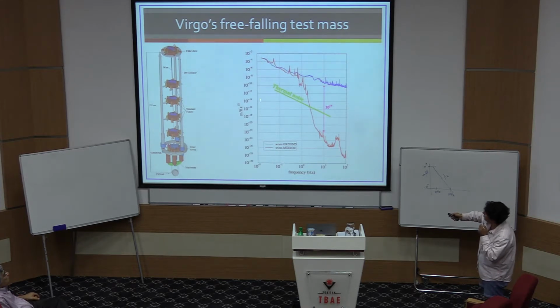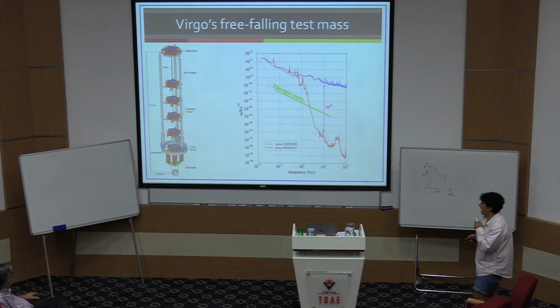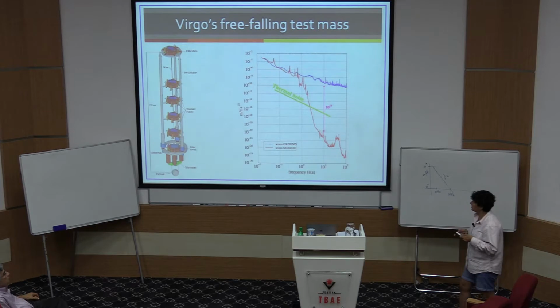Look at the number of orders of magnitude here. It's actually 2 orders of magnitude per dash line. Blue is the ground motion when you do nothing. The red is the motion at the bottom of the payload, and you can see this dramatic 15 orders of magnitude suppression. Okay, so that's the trick that you use.